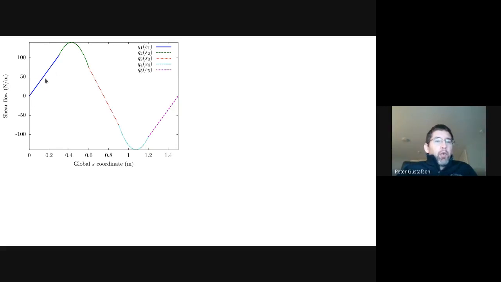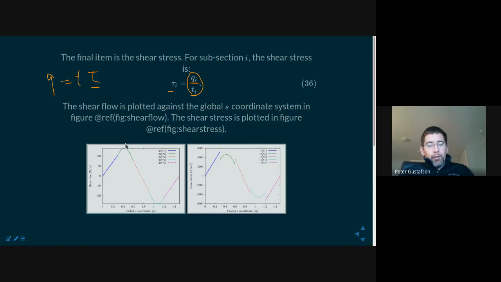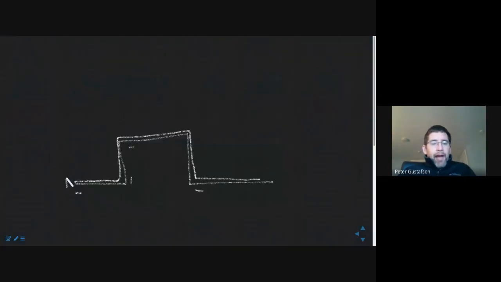Some other things are worth paying attention to in this plot. If we go back and look at the original problem, we knew that at this left edge, this was a traction-free surface. This goes off into the distance. The beam was not loaded exteriorly on the edge. It was traction-free, so the shear stress at this point has to be equal to 0.